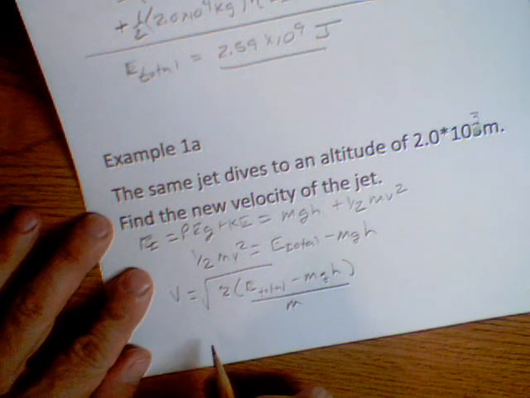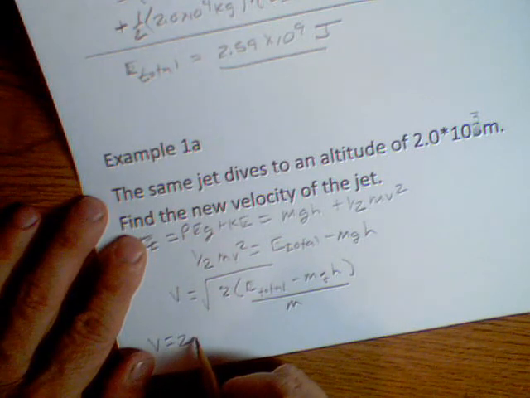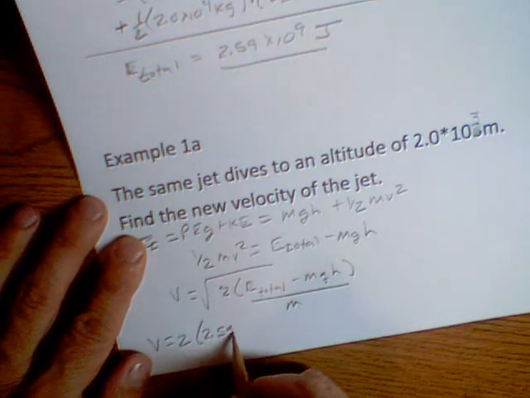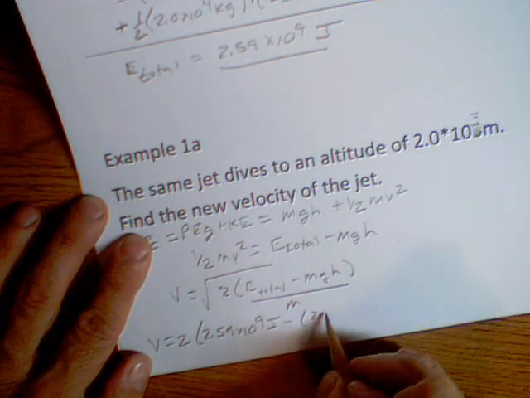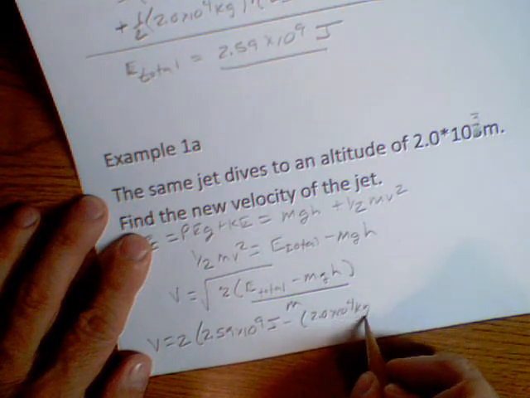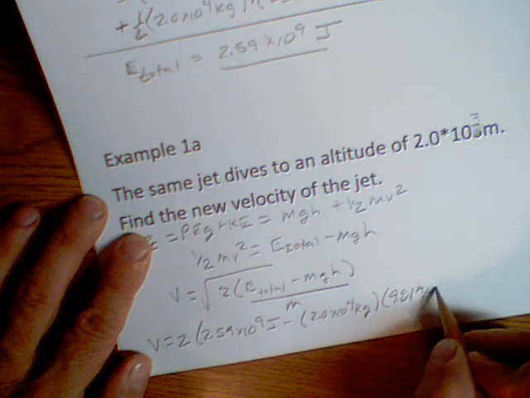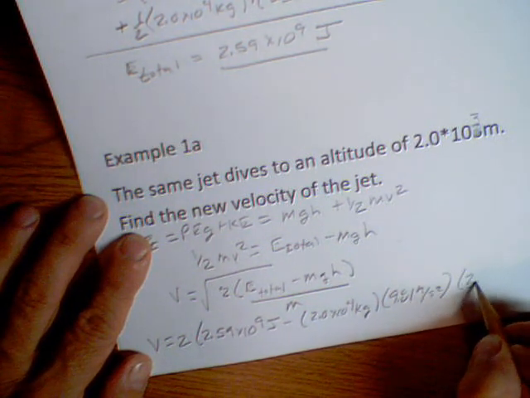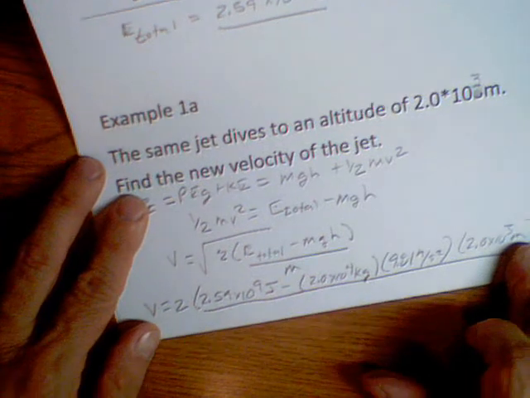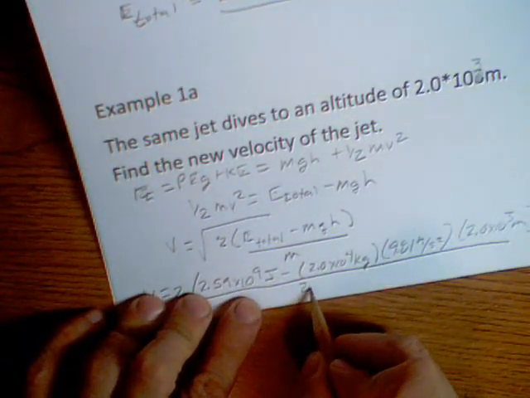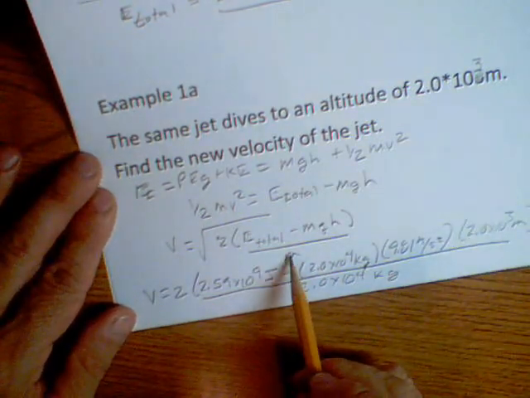We already have that. So velocity equals 2 times 2.59 times 10 to the 9th joules minus 2.0 times 10 to the 4th kilograms, and then the acceleration due to gravity times the 10 to the 3rd meters, that's the height, divided by 2.0 times 10 to the 4th kilograms, which is our mass.